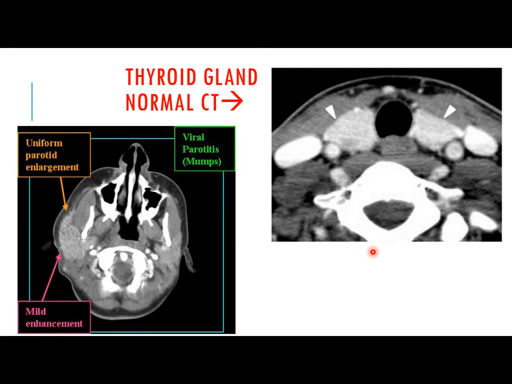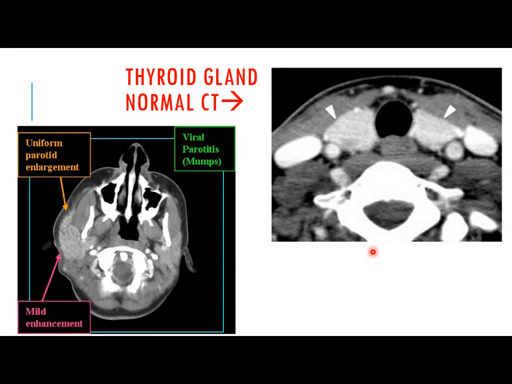And we can find underlying conditions that may have led to an airway compromise, for example, due to an extensively enlarged thyroid gland, or sometimes incidentally we may find an underlying malignancy of the thyroid gland, or an abscess, which is a rare condition of the thyroid.